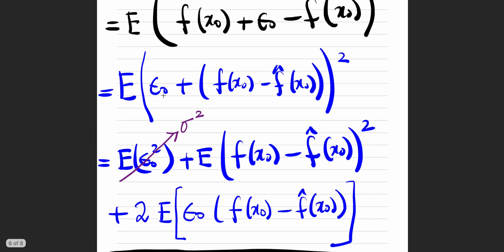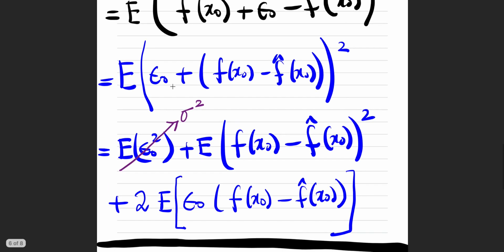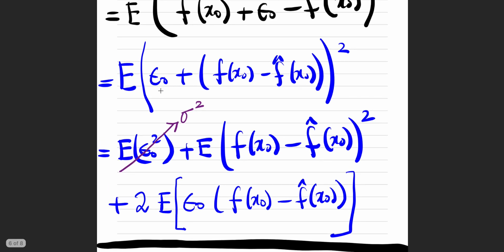For the square, we have the expected value of epsilon 0 square. Then we have the expected value of f x0 minus f hat x0 square. And then we have the cross product between these two.